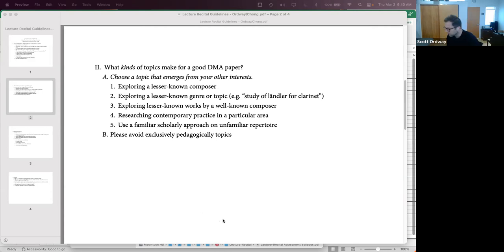And imagine, if there are 100 other people that play your instrument, you want to pick something that they're not also likely to be talking about. So this is a real opportunity to distinguish yourself, to develop an area of expertise that makes you interesting and distinctive in a crowded field of performers.